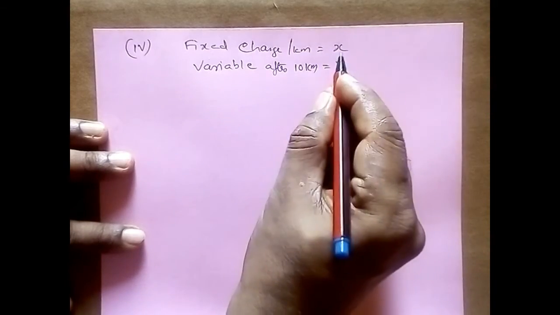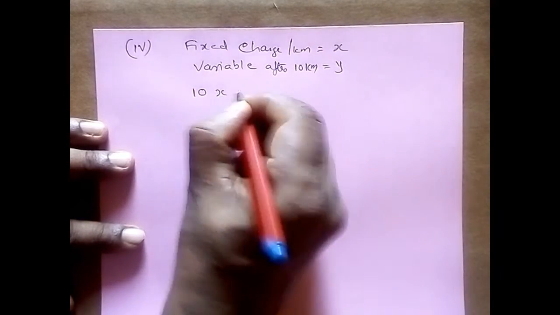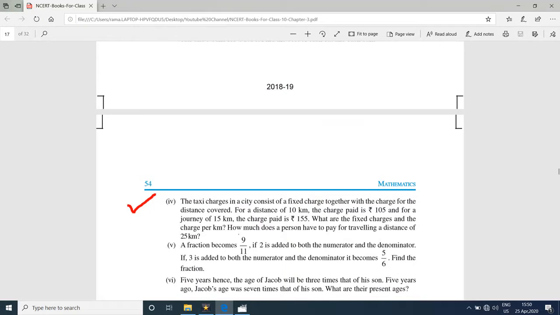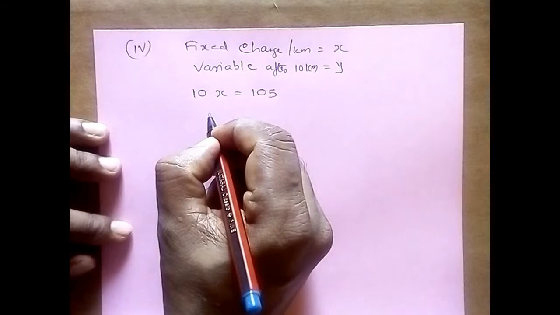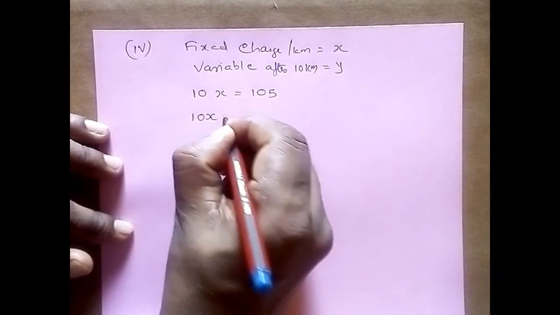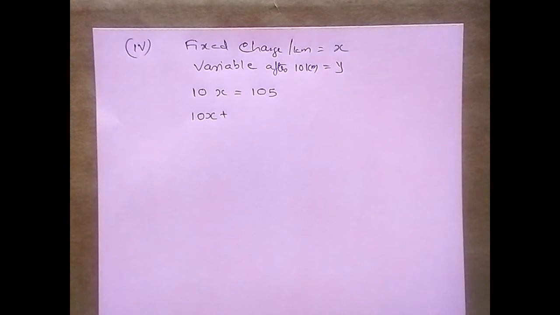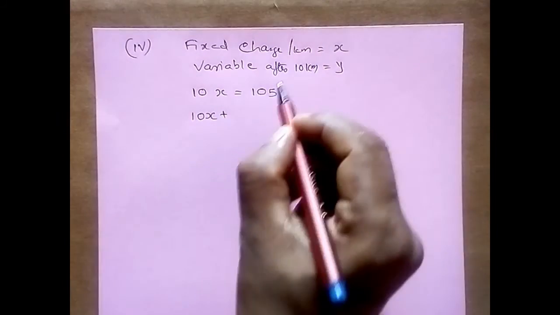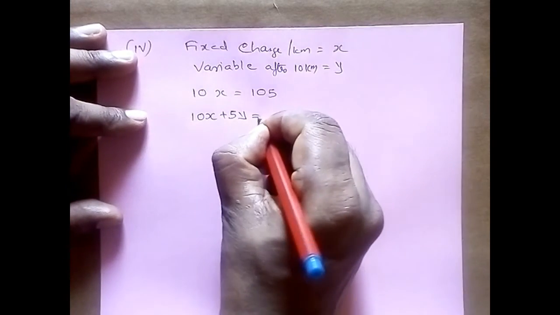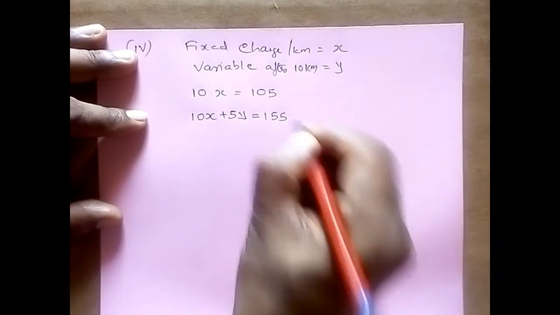So first 10 km, that means 10 into x is equal to 105. And for a journey of 15 km, the charge paid is 155. So 15 km means this 10x is the first 10 km. Then another 5 km, the charge is y. So 10x plus 5y is equal to 155.